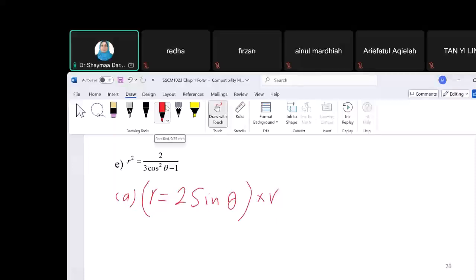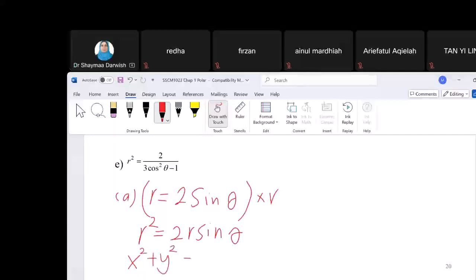Multiply by r. Then you will have r square equal to 2 r sin theta. So r square is x square plus y square, right?